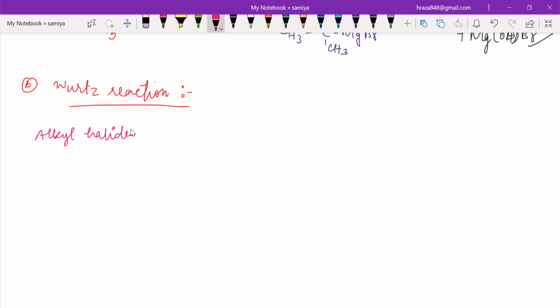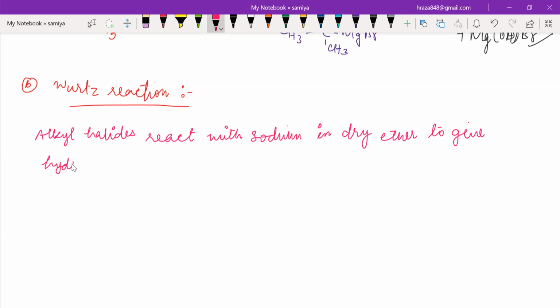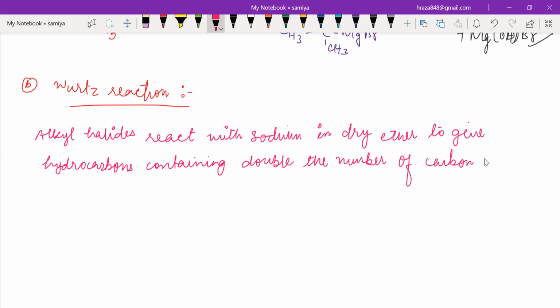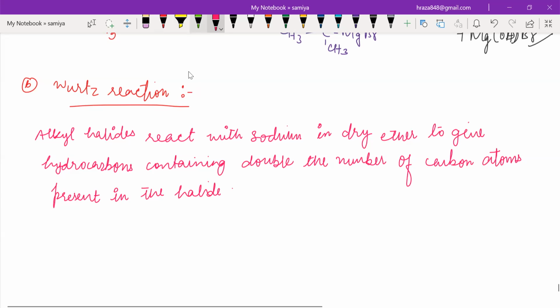Alkyl halides react with sodium in dry ether to give hydrocarbons containing double the number of carbon atoms present in the halide. Got it? This reaction is known as Wurtz reaction.